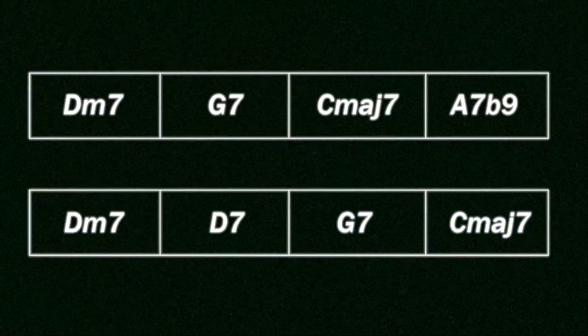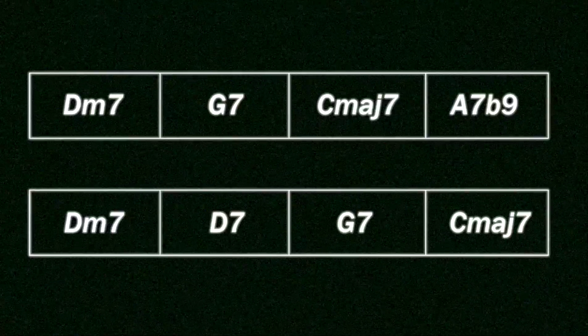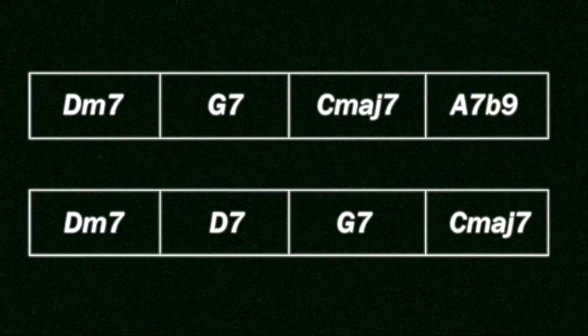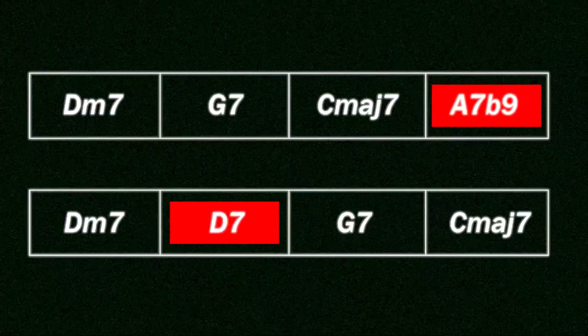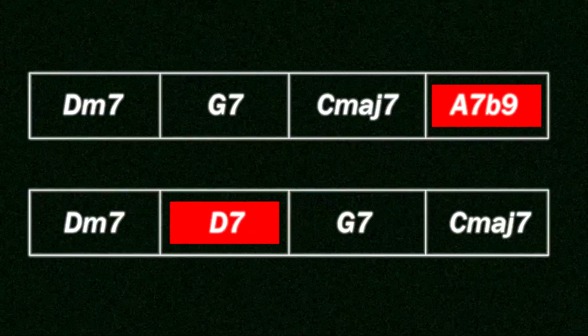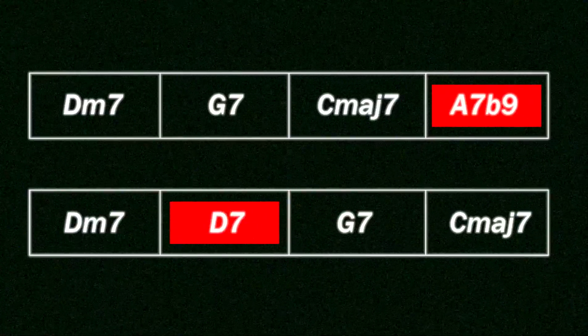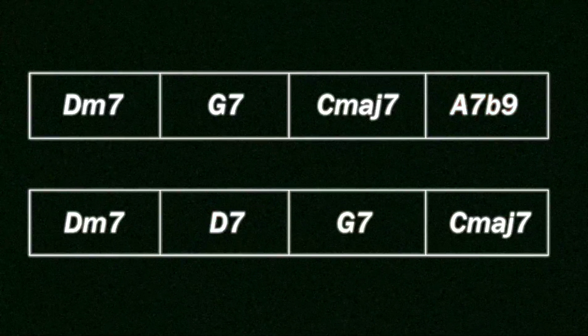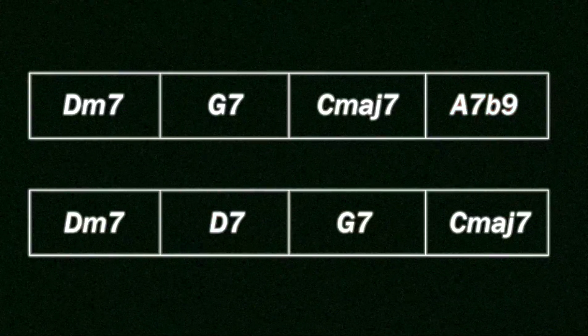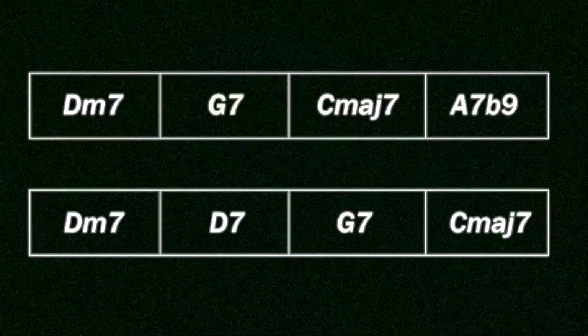Notice how in our new chord progression, we have the chords A7 flat 9 and D7. Even though they're not diatonic chords in the key of C major, they still sound good. This is a basic example of how secondary dominants can enhance your chord progression.